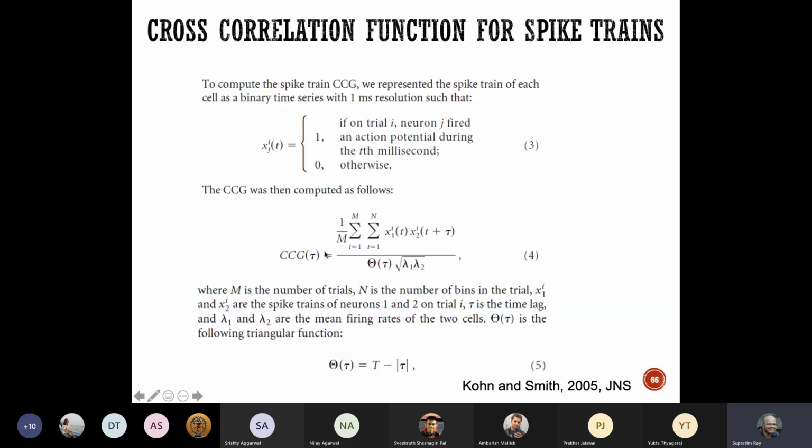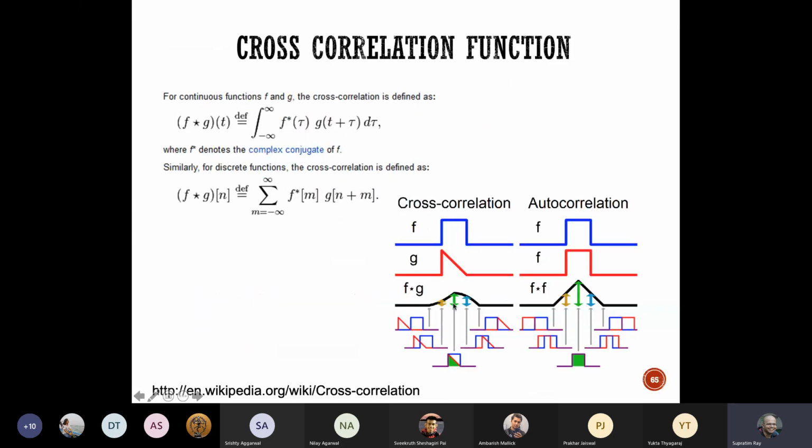And it turns out, if you integrate the cross correlation function over some interval, you'll get a measure that is related to the cross correlation that we defined previously. So there's an integration involved, and the paper that I referred to, Smith and Kohn, they actually show that you can integrate, and that's how the two are related. We will maybe touch upon that towards the end of the class today.